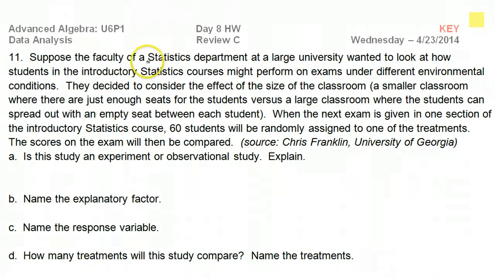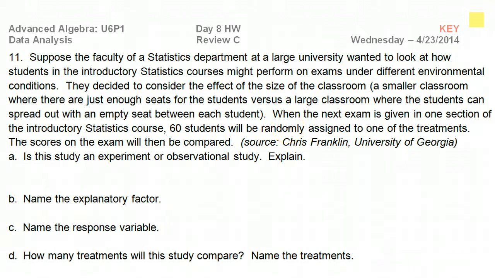Suppose the faculty of a statistics department at a large university wanted to look at how students in the introductory statistics course might perform on exams under different environmental conditions. They decided to consider the effect of the size of the classroom, or a smaller classroom where there are just enough seats for the students versus a large classroom where the students can spread out with an empty seat between each student.